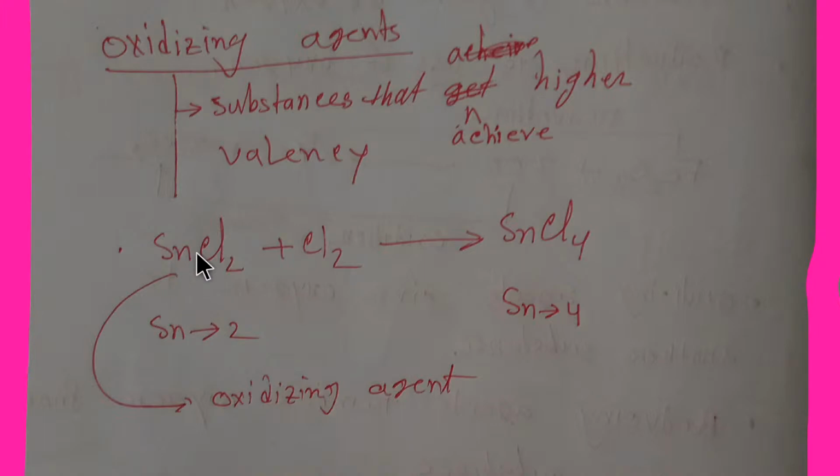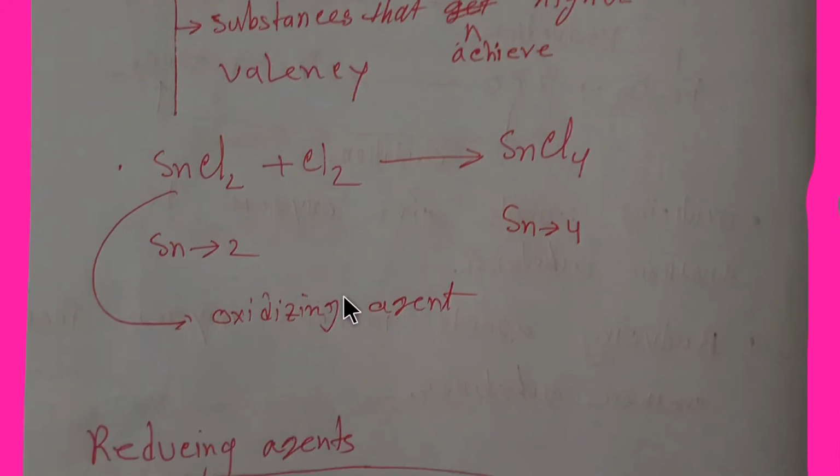So here the valency of Sn is 2, but here the valency of Sn is 4. That is, it is achieving higher valency. That is why this is an oxidizing agent.